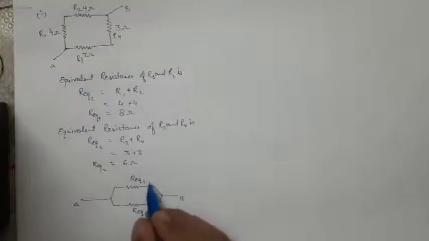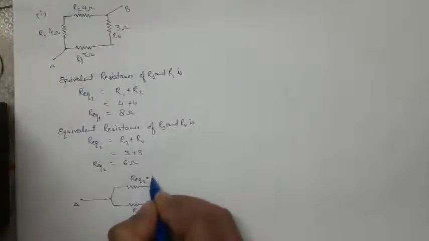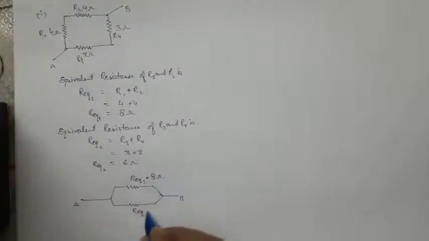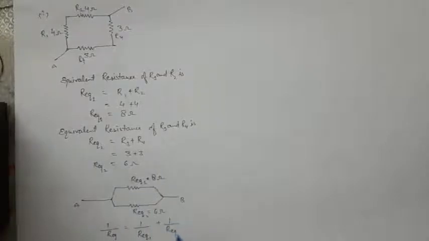In this diagram we see that these resistances are in parallel combination. So now we calculate the equivalent resistance of the parallel combination. What is the formula? 1 upon R equivalent equals 1 upon R equivalent 1 plus 1 upon R equivalent 2.